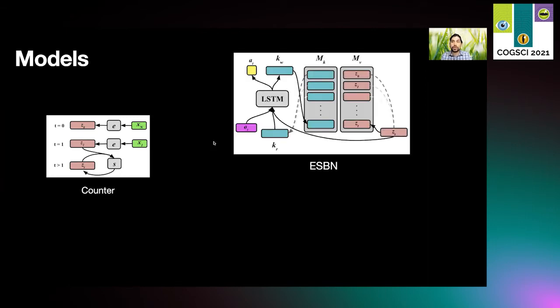And so how this would work with the ESBN is these z's represent this zt over here. And you can see that the values in memory always start with z0, the instruction embedding, and then z1, and then z2, and then z3, and then zt.